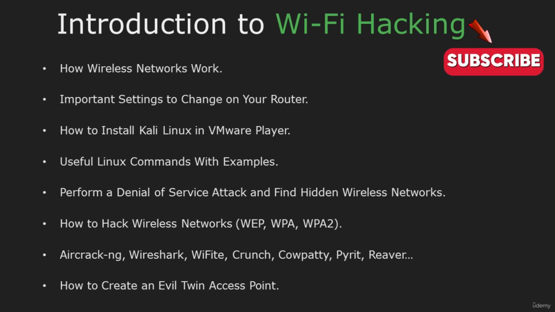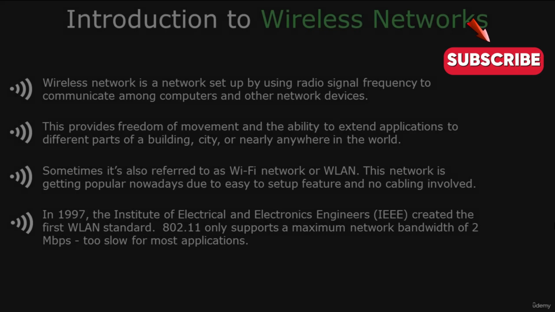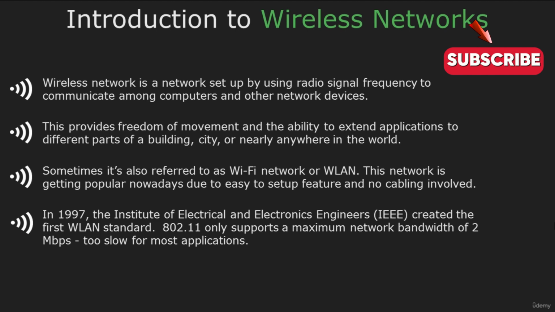Now, let's start. We are going to start with how wireless networks work. Now, see these notes. Introduction to wireless networks. A wireless network is a network set up by using radio signal frequency to communicate among computers and other network devices.